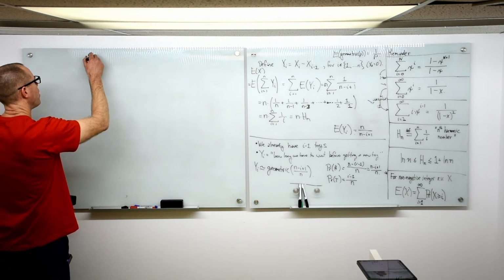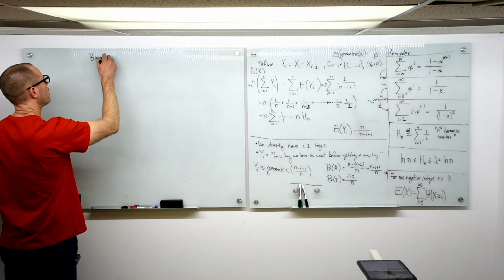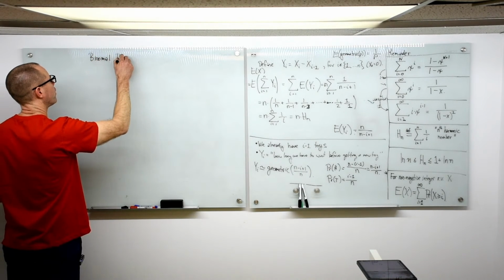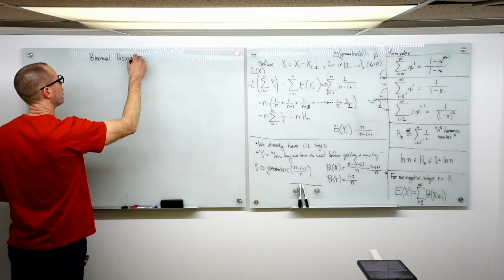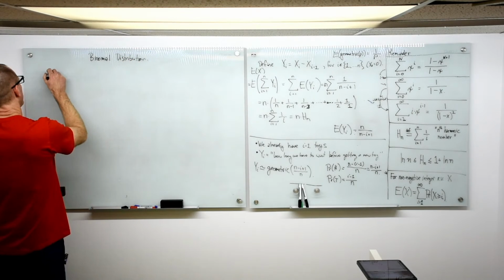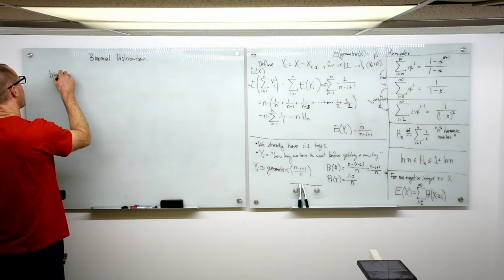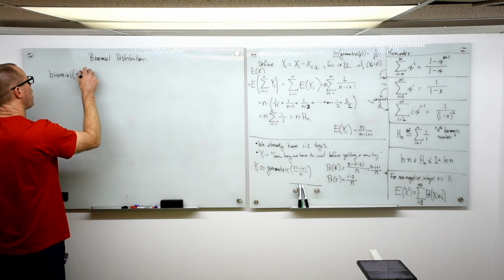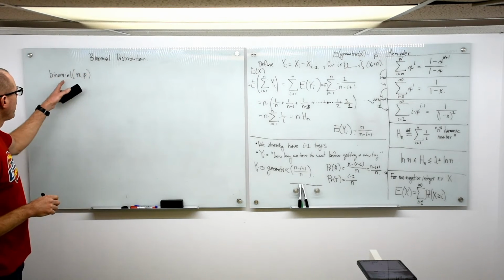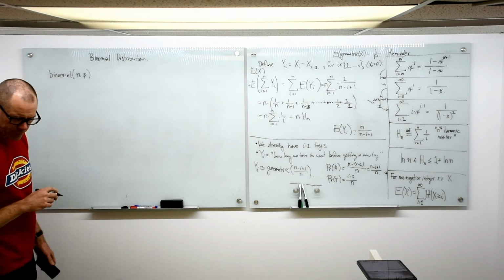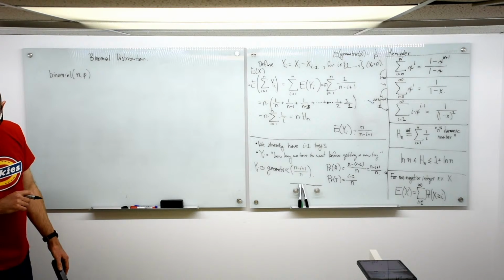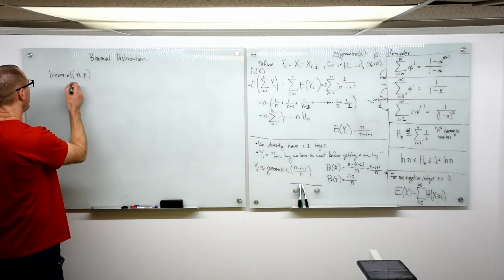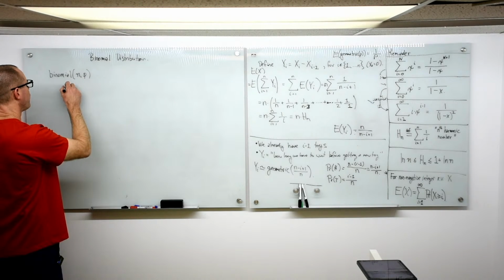So the last thing is the binomial distribution. The binomial actually has 2 parameters, n and p. So here's how you define it.